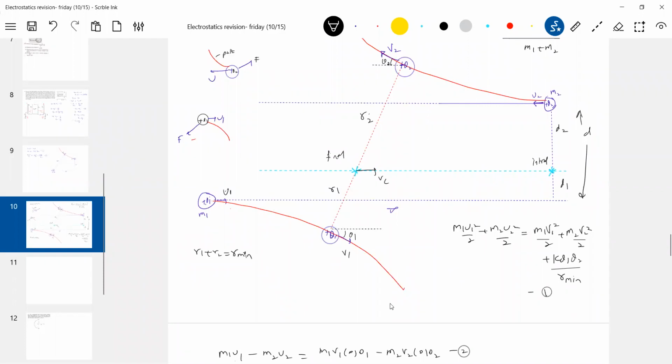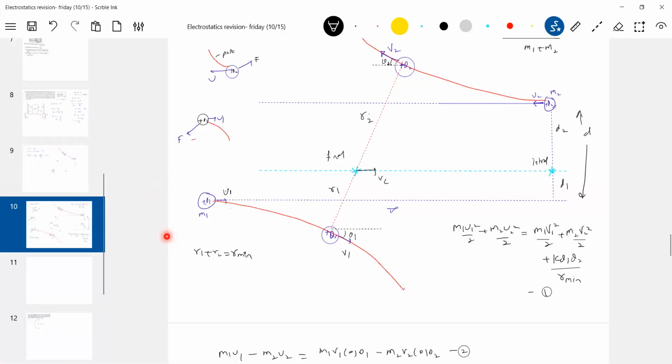Initially, how much was the momentum? Zero, no? The velocity of the center of mass along the y-axis should be zero. That's what we can write here. Then only the minimum is possible.